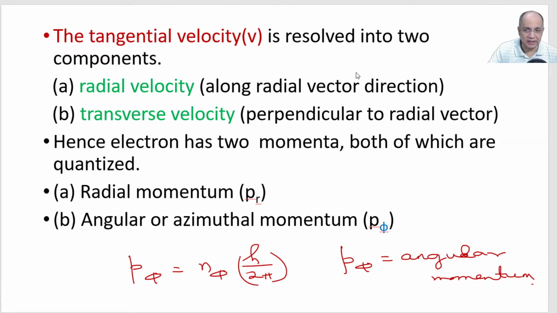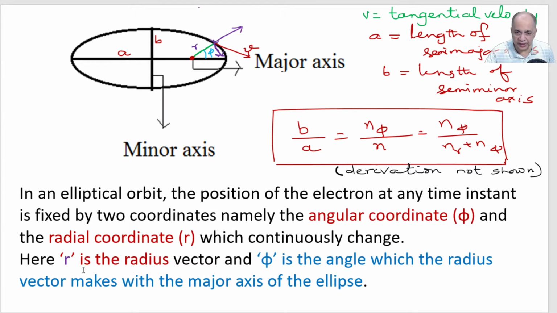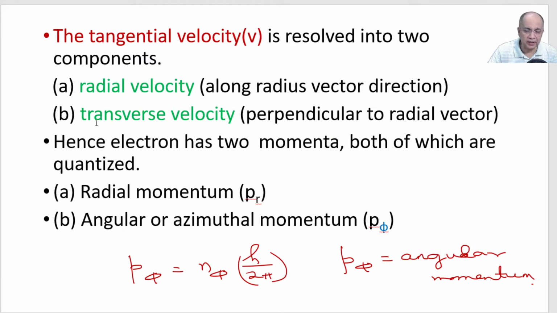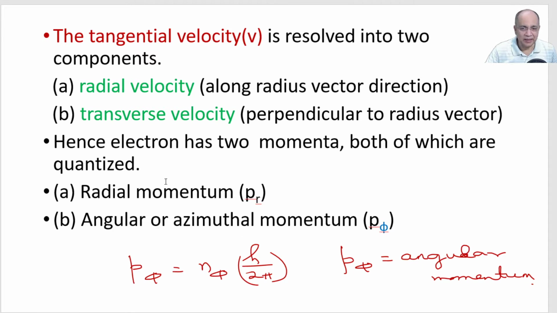And the tangential velocity is resolved into two components, as I have already mentioned: radial velocity along the radius vector direction, and the transverse velocity, which is perpendicular to the radius vector. And hence the electron has two momenta, plural of momentum is momenta, both of which are quantized. Quantum theory is applicable.